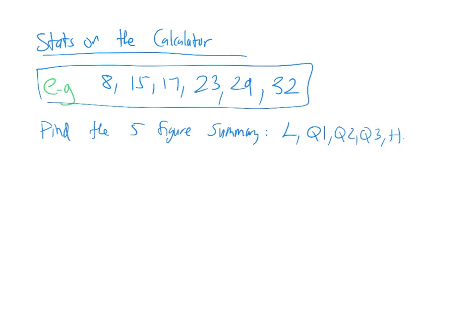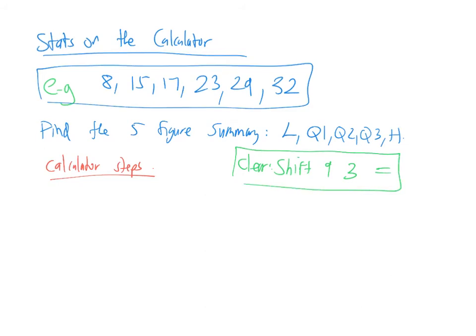All right, here's some cool calculator steps. Step 1, just make sure your calculator is cleared, just to make sure there's no numbers from before. To clear it: shift 9 3 equals. That will clear your calculator, just to make sure there's no numbers in memory.